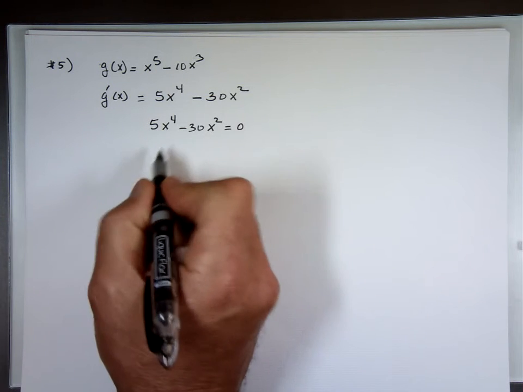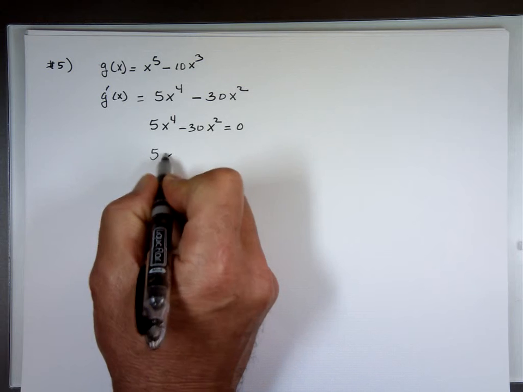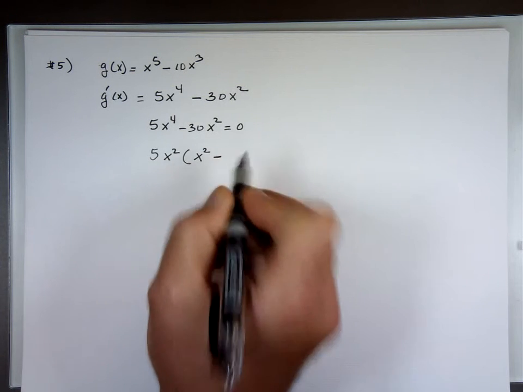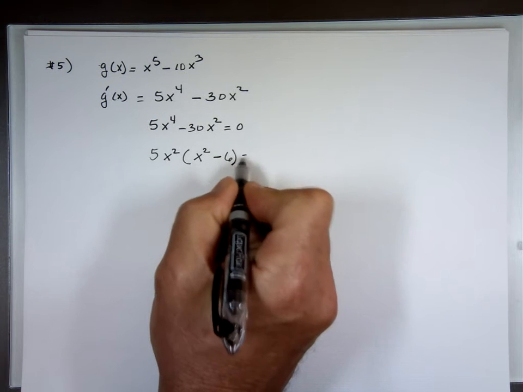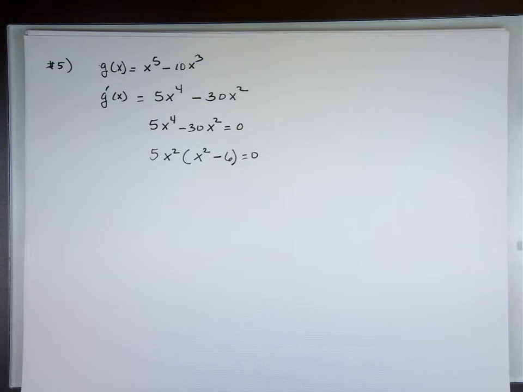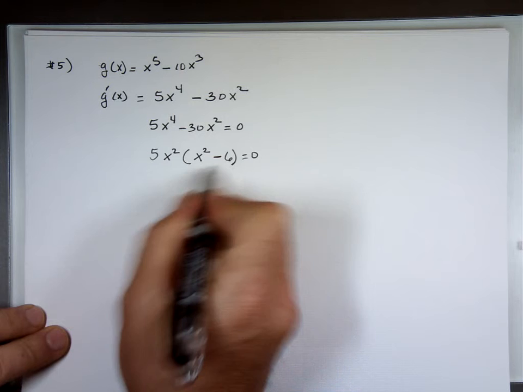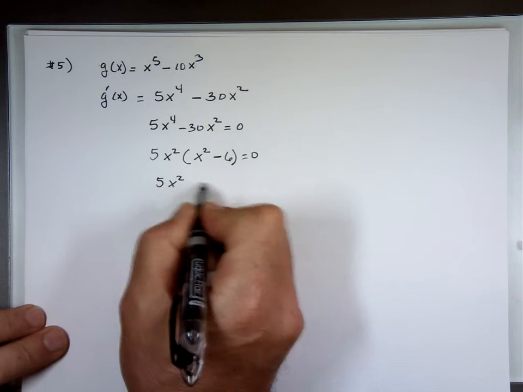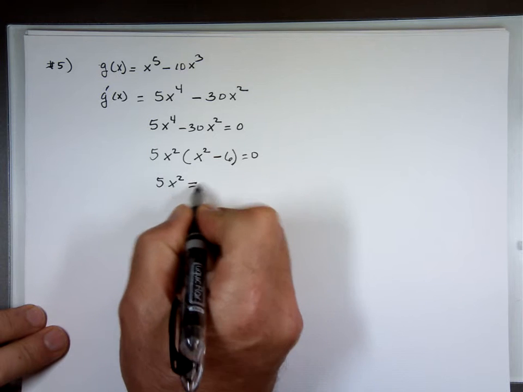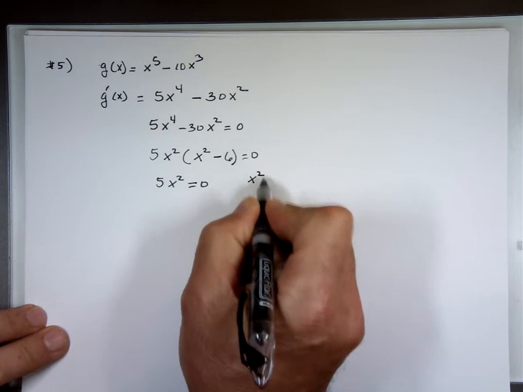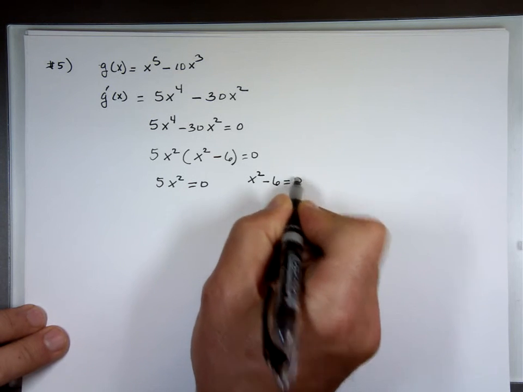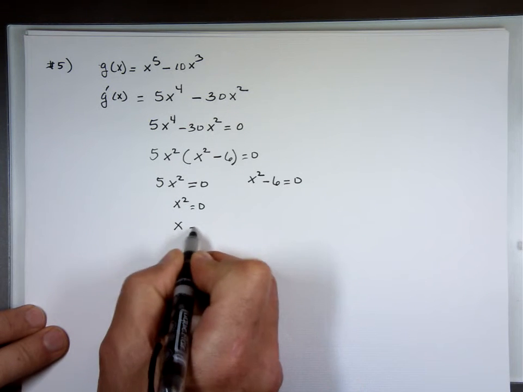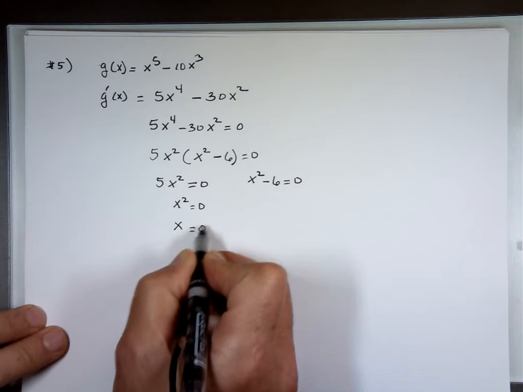And you can factor the 5 out, and you can take x squared out. What's left? x squared minus 6. You can factor this, but I'll just leave it. Set each factor equal to 0 and solve it. x squared equals 0, x equals 0.